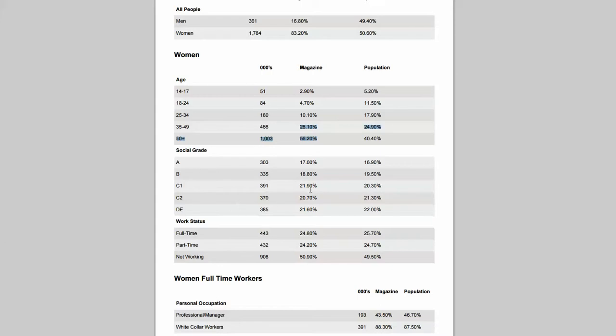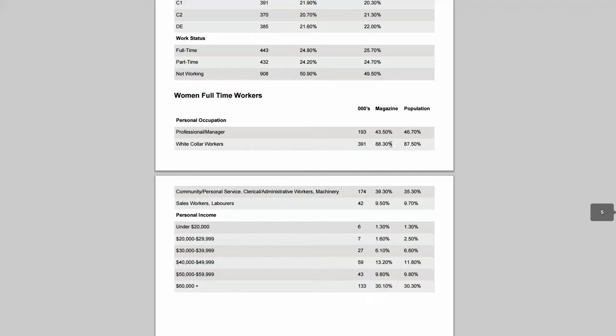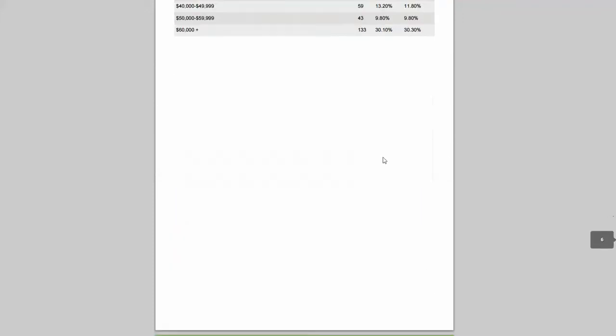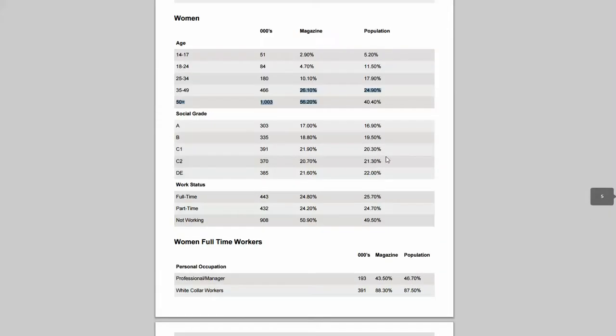So who are these people that read it? Are they working? Look, over 50% of people who read Women's Weekly are not working. And what is the occupation of those who are reading it, who do work? So it's a really good way to find out who the specific target audience is.